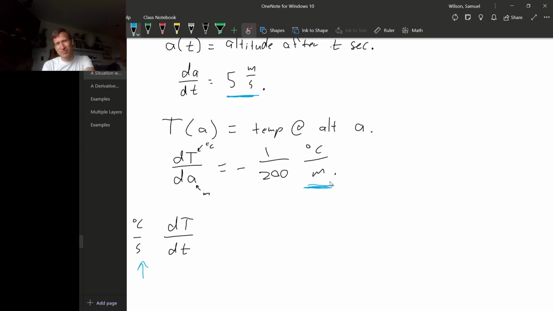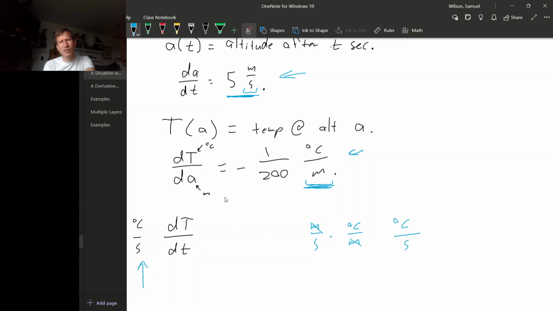Adding them doesn't make sense, because you can only add things that have the same units, and these don't. Subtracting them also doesn't make any sense. But what about multiplying them? If we multiplied meters per second by degrees Celsius per meter, the meters would cancel, and we'd end up with degrees Celsius per second. That's the unit we were expecting to get.